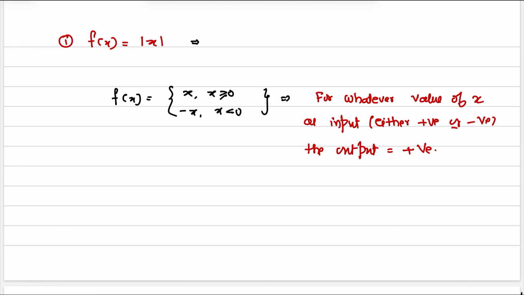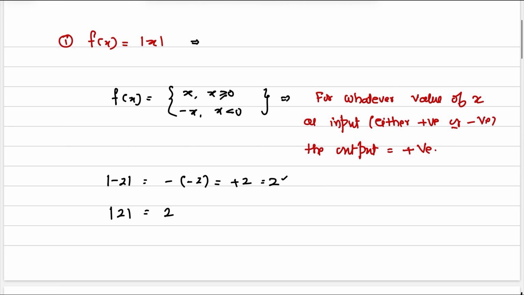That means modulus of minus 2 is equal to 2. Why is it so? Minus of minus 2 is equal to plus 2, that is equal to 2. Modulus of 2 is equal to 2.